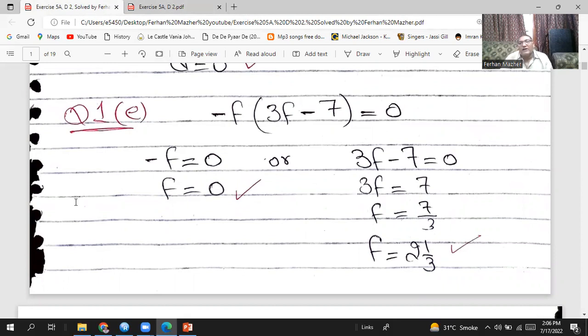Minus f is 0, so multiply both sides by minus, and you have f equals 0. 3f minus 7 equals 0, so 3f equals 7 after the minus 7 goes to the other side. F equals 7 divided by 3, which is 2 whole 1 by 3. So there are two solutions of this equation: 0 and 2 whole 1 by 3.